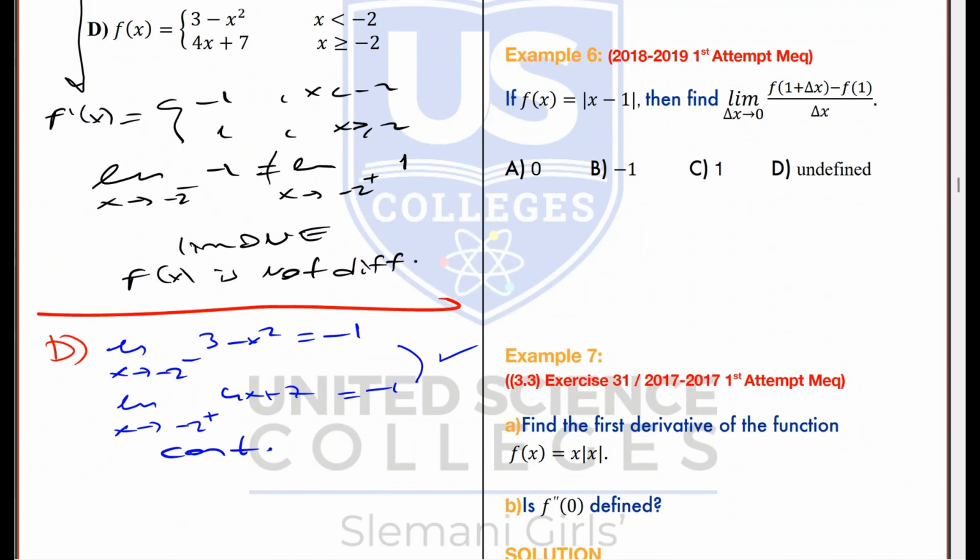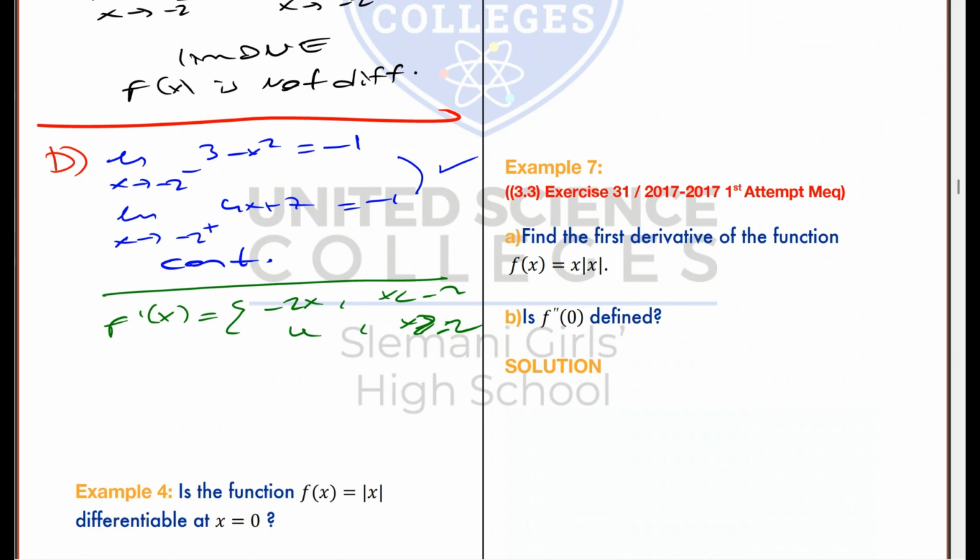If continuous, we can check differentiability. We check the derivative. What is f prime of x? Negative 2x for the first condition, 4 for the second condition. Now we check limits. If the limit exists, it's differentiable. Limit as x approaches negative 2 from the left of negative 2x, which is 4.